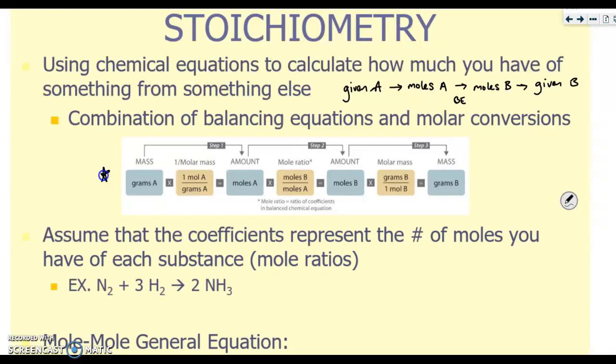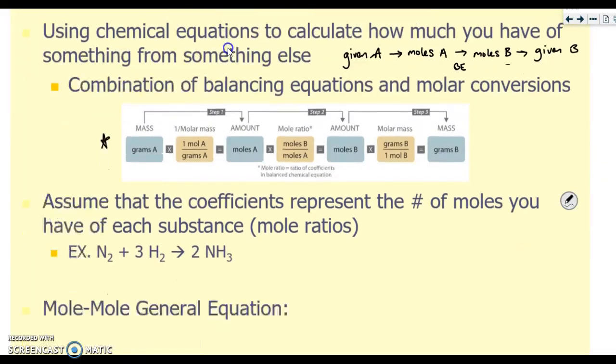And we make the assumption that the coefficients in a chemical reaction represent the number of moles you have of each substance. These are called mole ratios or mole bridges. I usually refer to them as the balanced equation step. They're conversion factors using a balanced equation.